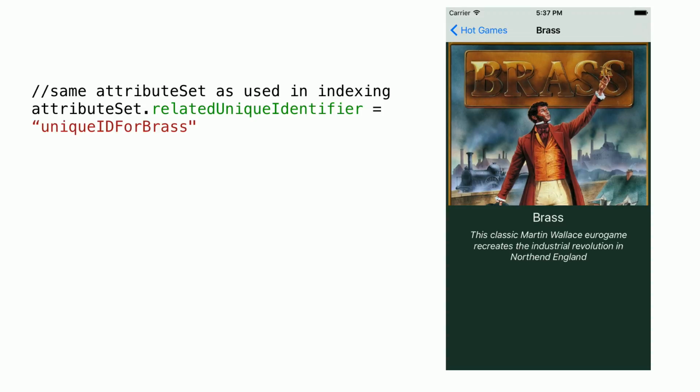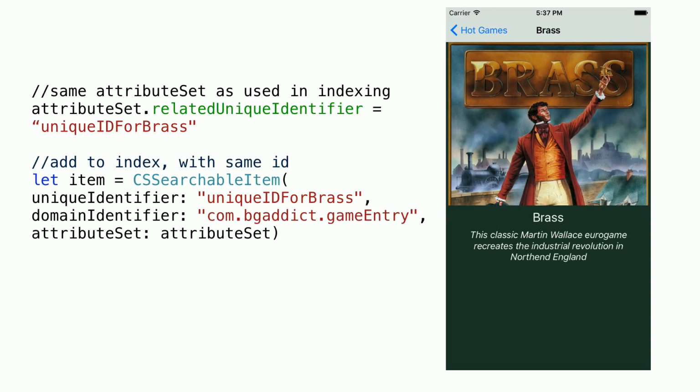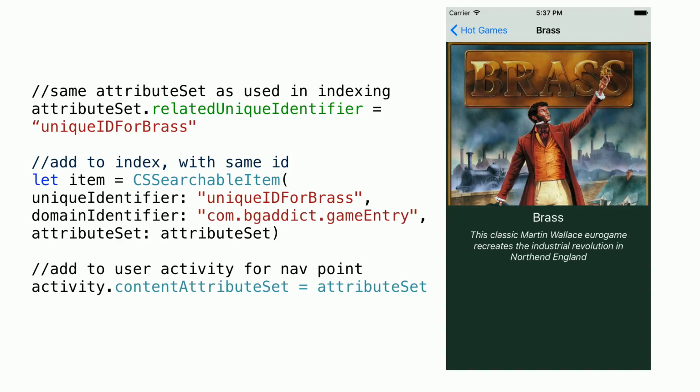Here we're going to get the same ID as before, which is the unique ID for brass. Then when we use that attribute set to make a searchable item, we're going to use that same unique identifier and same attribute set. And when we configure our user activity, we're going to set a content attribute set there to use the same one, which is what we just did previously.